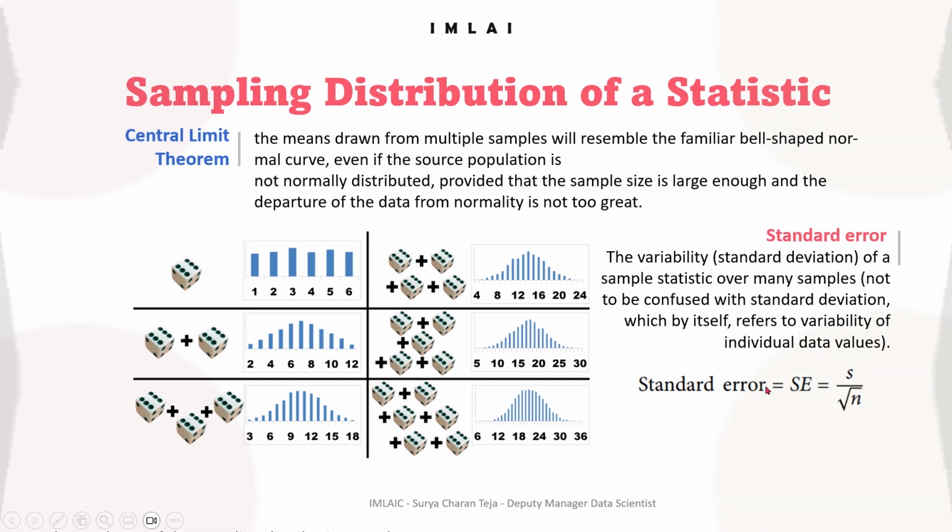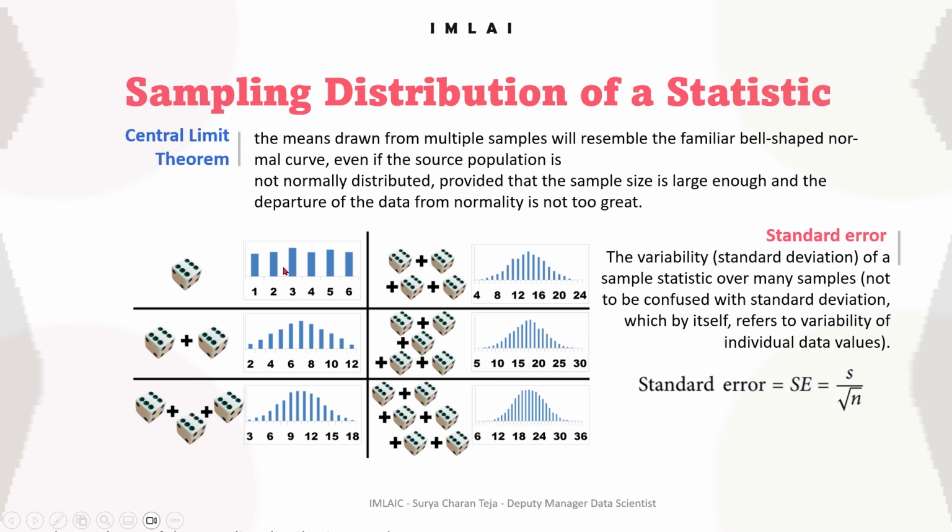Standard error can be estimated using a statistic based on the standard deviation S of the sample values and the sample size n. Got the point? So as the sample size increases, the standard error decreases.